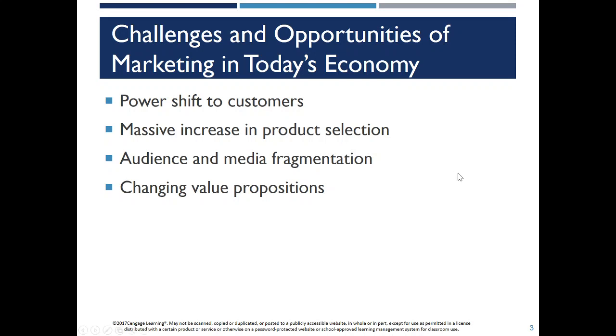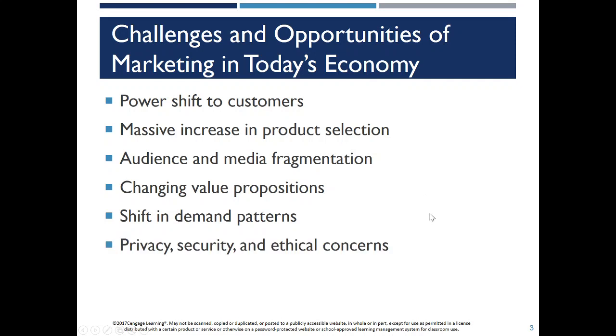Okay, and so that forces marketing to stay on their toes. Shift in demand patterns as well. Our population is getting older, and so demand shifts as well. Increasing demand for products related to older people, for example, would be something that's a challenge and an opportunity for sure.